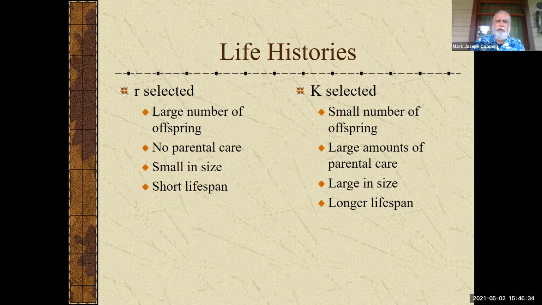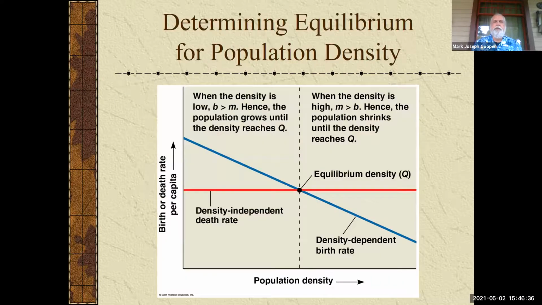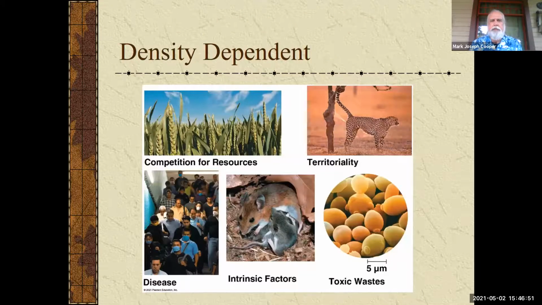All right, determining equilibrium for population density, there are some density dependent and density independent factors. And so we want to talk about those and what those mean. Density dependent means that it depends on how many organisms or individuals you have.